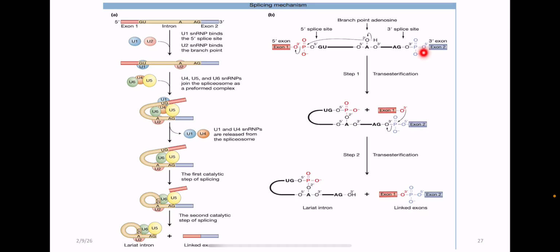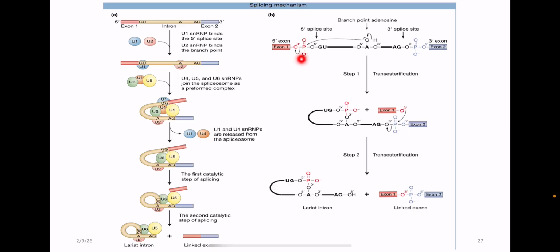So let's look at the chemistry, and this will make it a bit easier. What's happening here is at the GU region, the backbone of nucleotides is made of phosphate groups, so the phosphate groups are going to be cleaved. The exon is bound to the GU by a phosphate group, and you have to cleave the phosphate group.